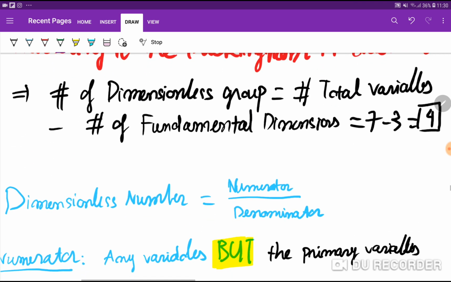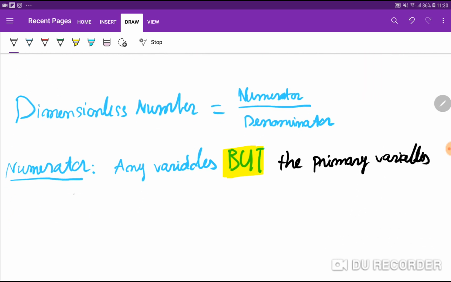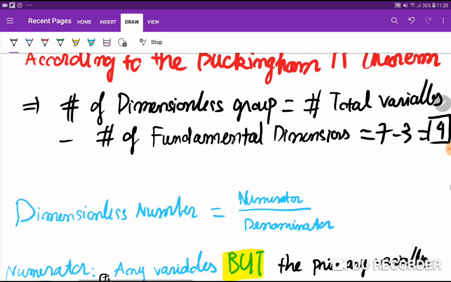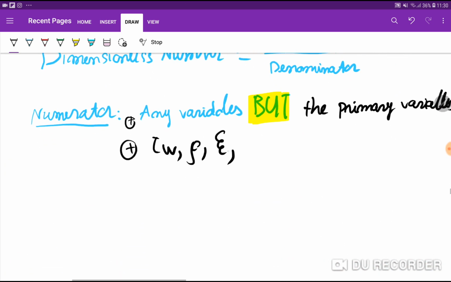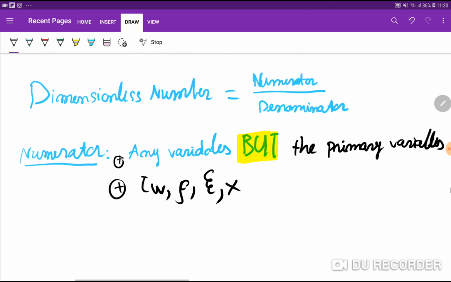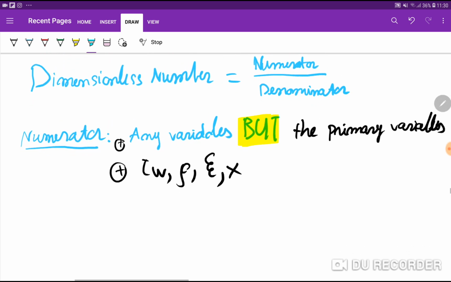Okay, so let me write. The numerator consists of tau w, epsilon, and x. And how about the denominator?